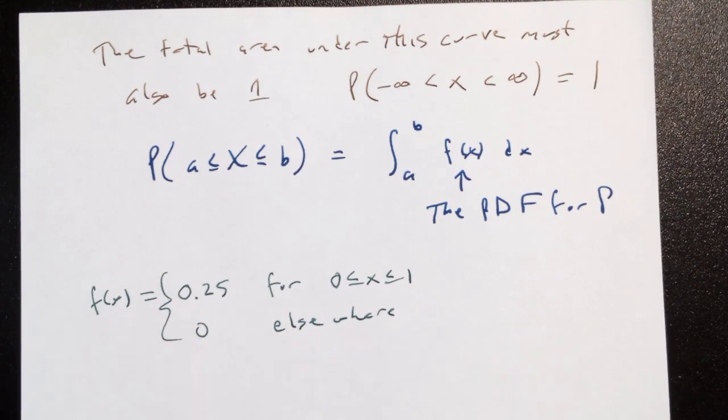This is a piecewise defined function. It's defined in two different pieces on two different sections of the x-axis. It's 0 everywhere except between 0 and 1. I'd like you to draw me a graph for this function.